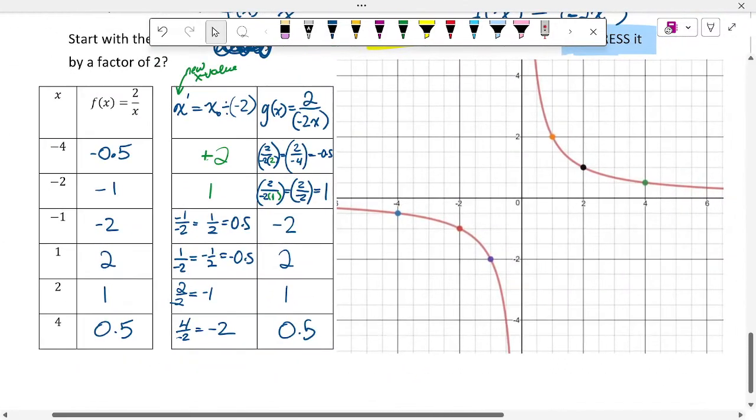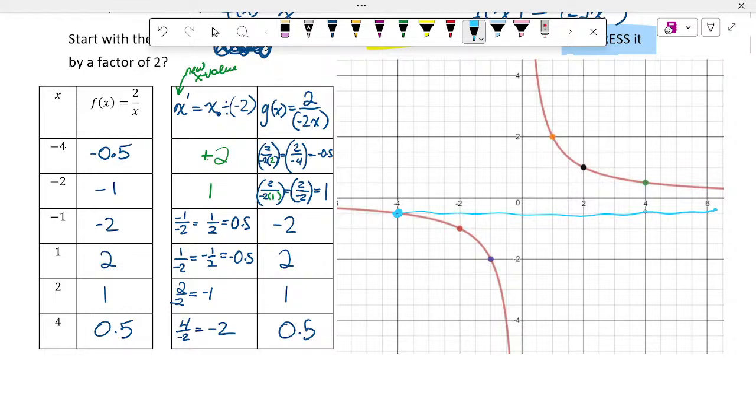And so, I'm going to try to match the colors here. This blue point here, if the x value was negative 4, we're going to go along the same y value, but where is it going to be now? We want it to be flipped. So from negative 4, it will go to positive 4, right? And then we want to compress it down to what? Compress it in half.